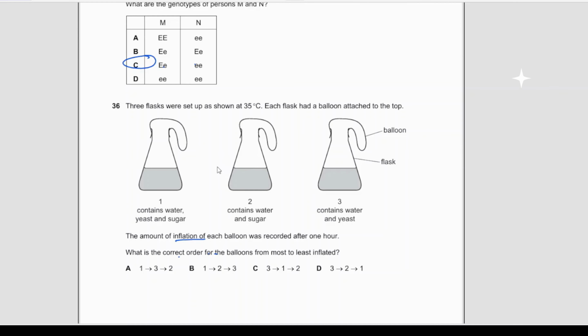In which balloon would there be more? It has the most. And this should be third. So the order is 1, 3 and 2. A.